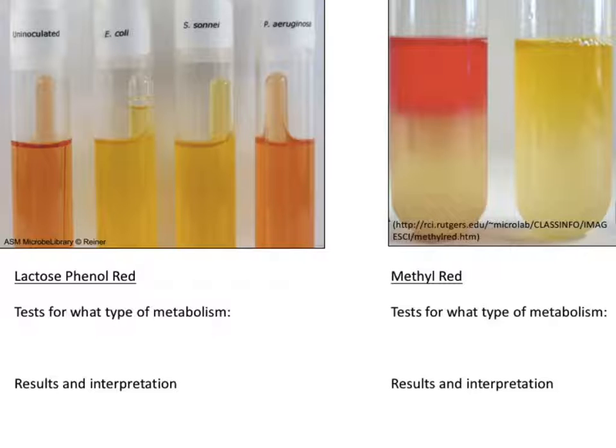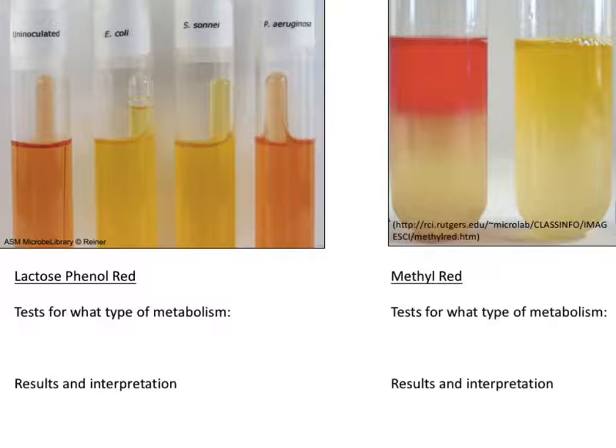In this case, the media for MRVP is a glucose-containing broth with some phosphate in it to buffer the solution. And these are showing, in both cases, we've got a fermentation occurring, but MR positive species in this case would be red. They're saying below 5. Above 5 would be ones that are MR negative, and most likely they are VP positive. And note in both of these cases, though, the pH is still below what?